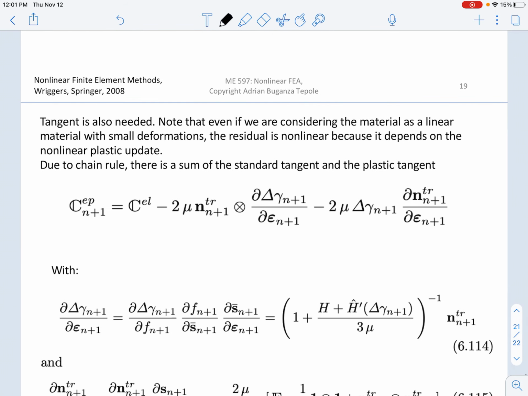Tangent is also needed. Again, the tangent is, like I was saying before, you have the elastic part of the tangent. Obviously, in the tangent, you have the geometric part. That always stays the same. And then you have the material part. And then in the material part, you have the elastic part. So this would be ignoring the plasticity, just the derivative of the stresses with respect to the total strains in your constitutive equation.